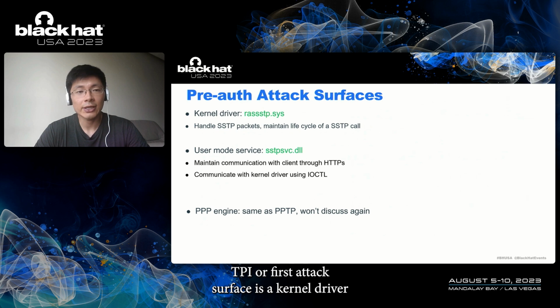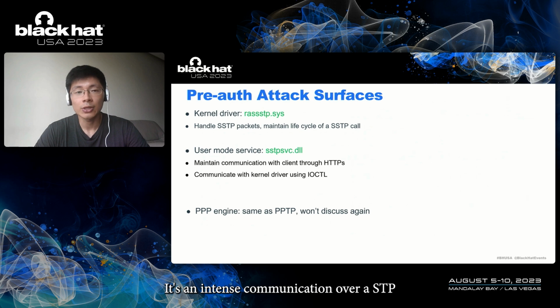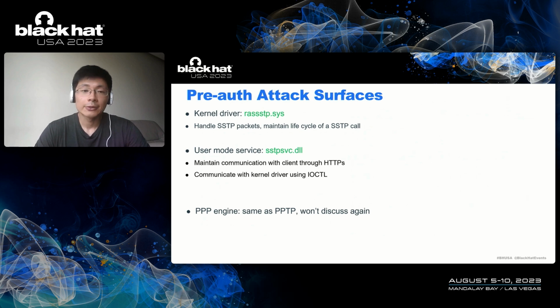The first attack surface is the kernel driver. It handles SSTP packets and maintains the life cycle of an SSTP call. The next attack surface is the user mode service. It maintains communication over HTTPS between the client and the server.